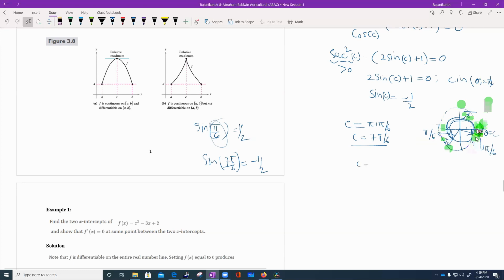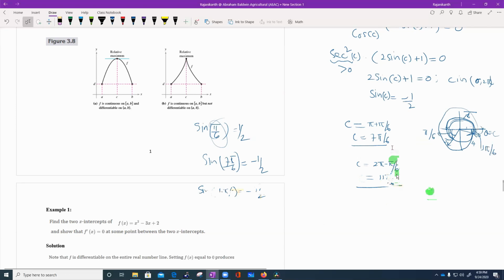The next angle is 2 pi minus pi over 6, which is 12 minus 1, 11 pi over 6. Yes, correct. Please check, sine of 11 pi over 6 is negative half.